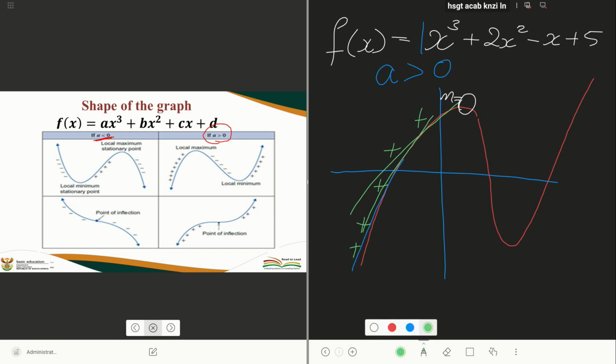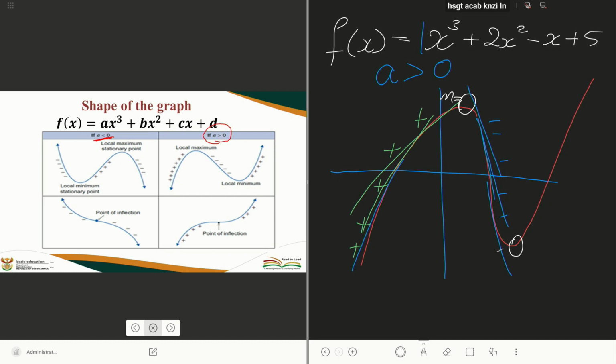The gradient there, if I draw any tangent line at any given point, is negative. It's going down until, again, a special thing where we see our turning point, a stationary point.